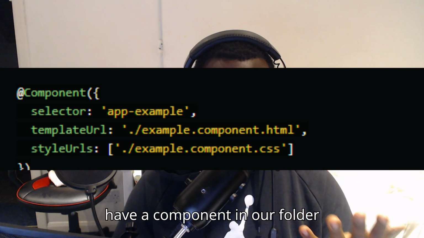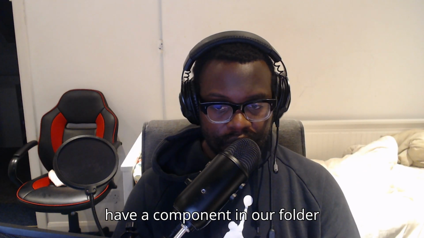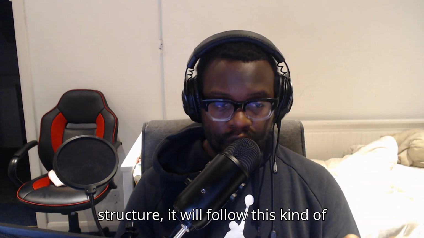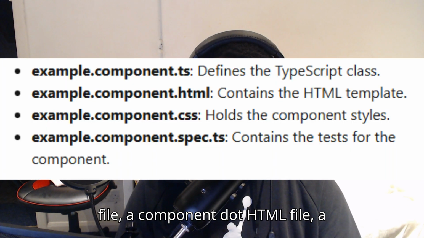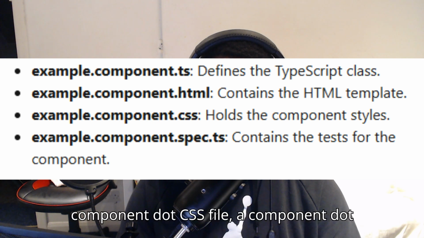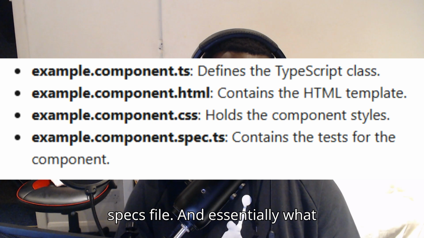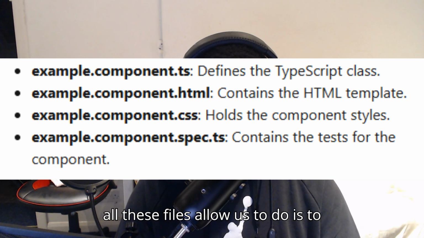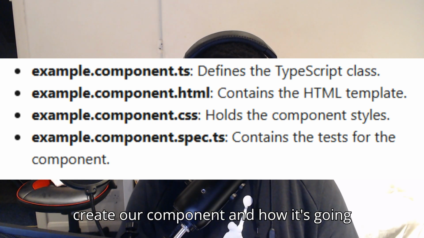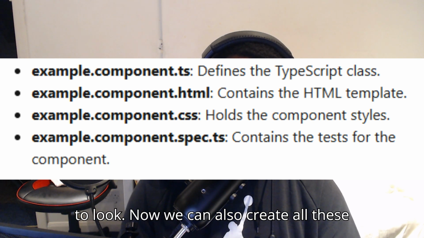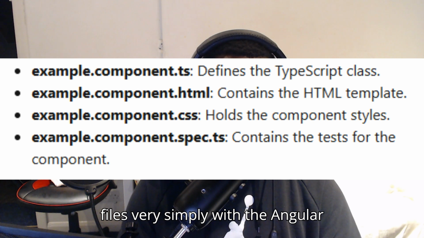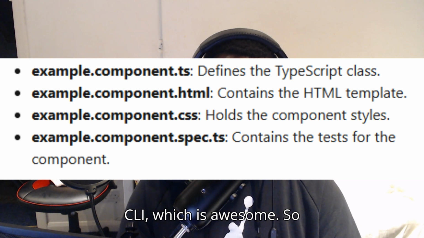Typically, when we have a component in our folder structure, it will follow this style: a component.ts file, a component.html file, a component.css file, and a component.spec file. Essentially, all these files allow us to create our component and define how it's going to look. We can also create all these files very simply with the Angular CLI, which is awesome.